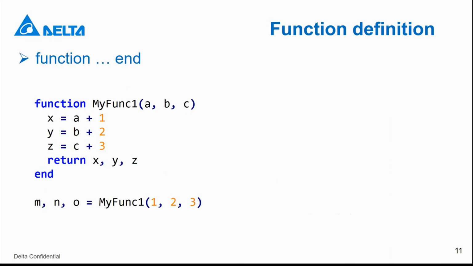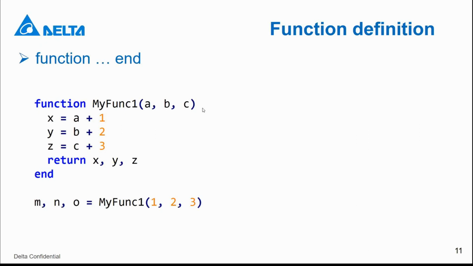And the next is function definition. In the robot language, you can also define your own functions. If you are going to call some functions multiple times, then defining them as a function is convenient to use. To define a function, you need to start with the keyword function, then the function name, and then the inputs.